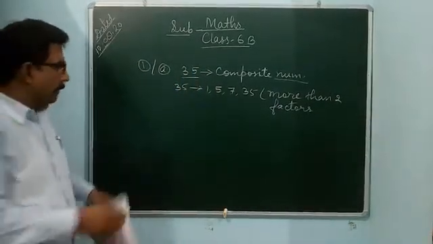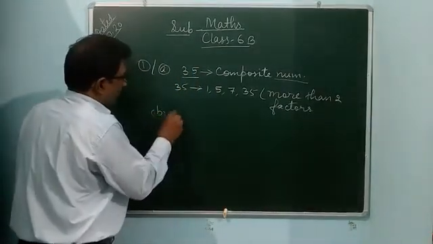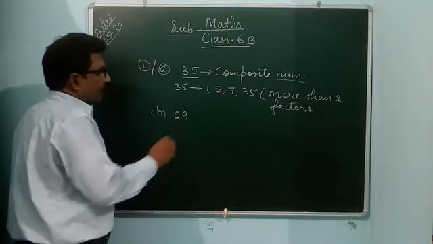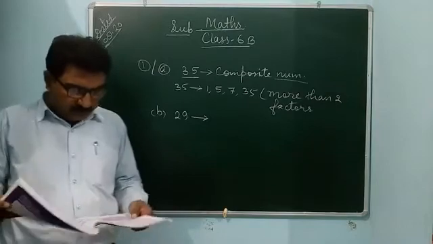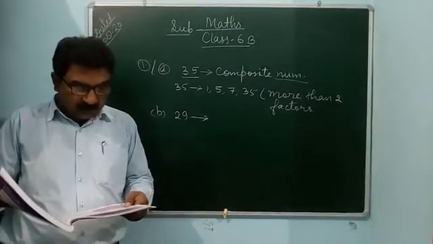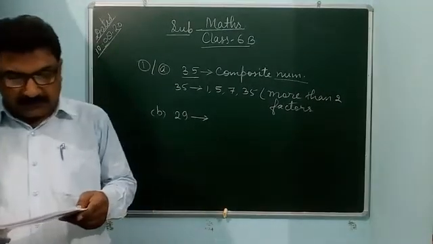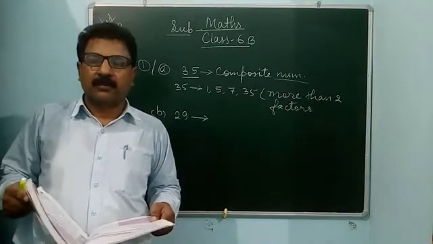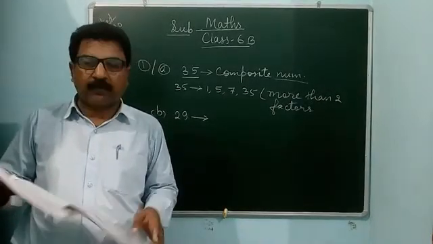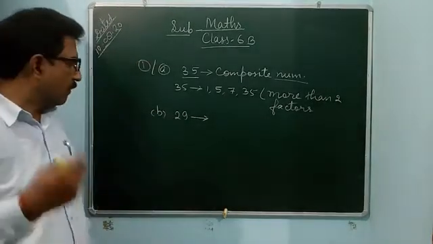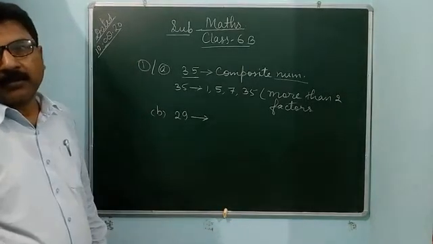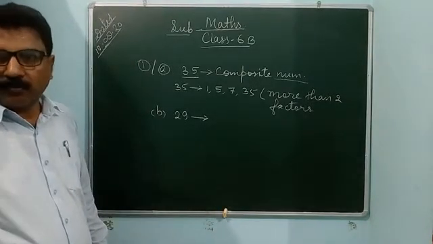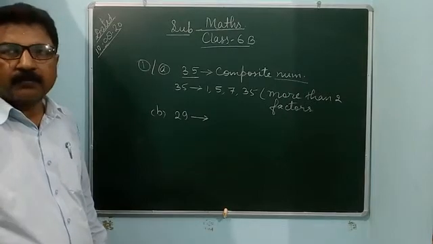See, B is 29. As I told you, also see the sieve of Eratosthenes on page number 58. In this way also you can learn that 29 is already a prime number. It has one factor 1 and the number itself, 29.